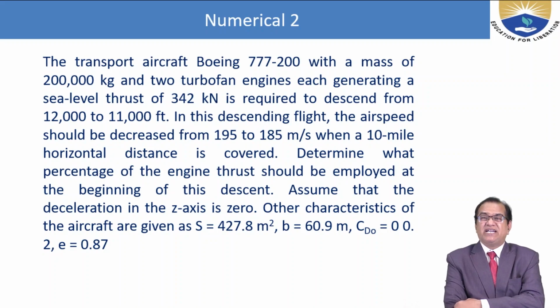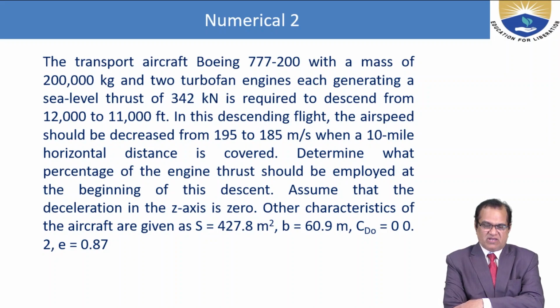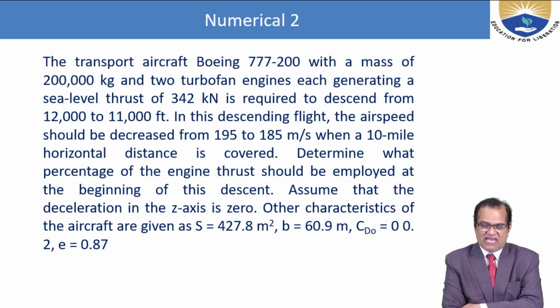The descent is from 12,000 feet to 11,000 feet. So at 12,000 feet, what is the density? And at 11,000 feet, what is the density? Total distance which is traveled is 10 miles, which is given in the problem.